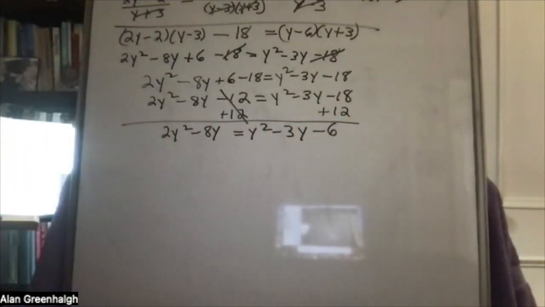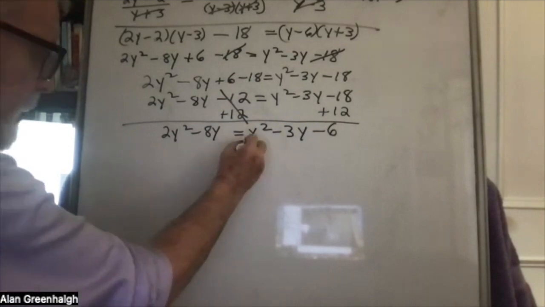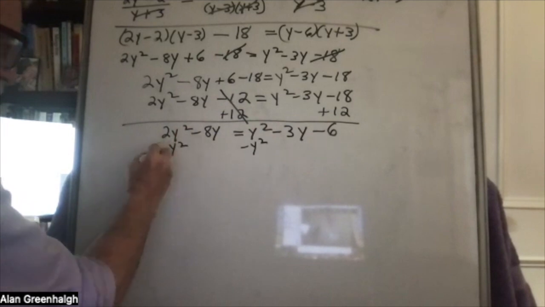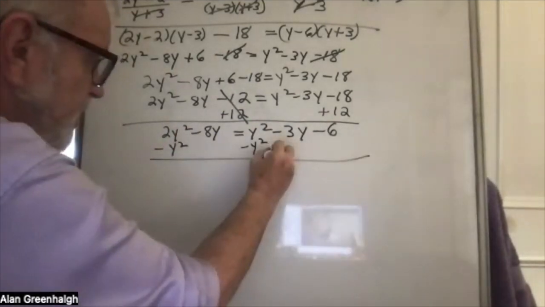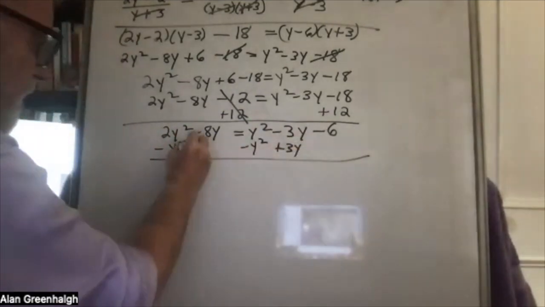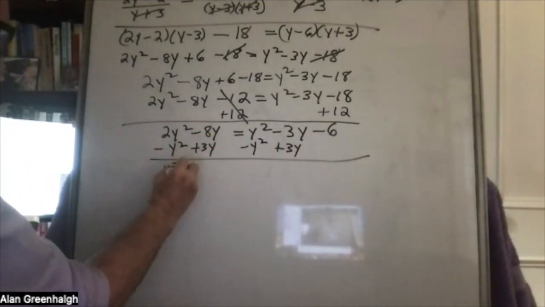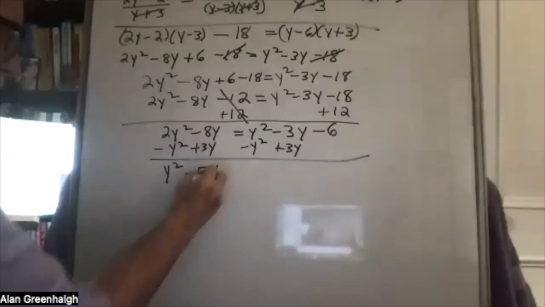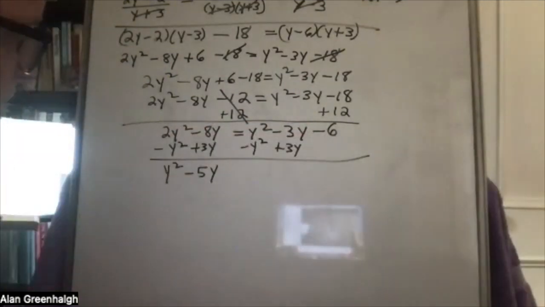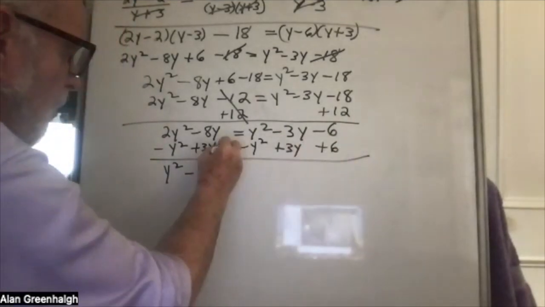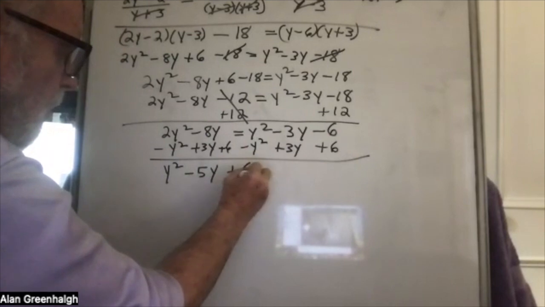Yes. And then I did what you did with the y squared minus 3y, and then it left me with... So you did this next, right? And you got y squared minus 5y. And then what did you do with the -6? I just moved it over, and that was going to give me y squared minus 5y equals 0.